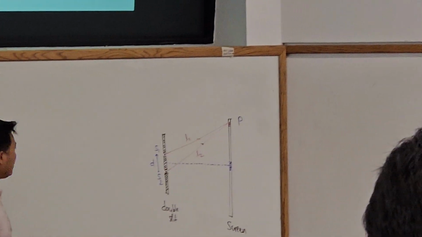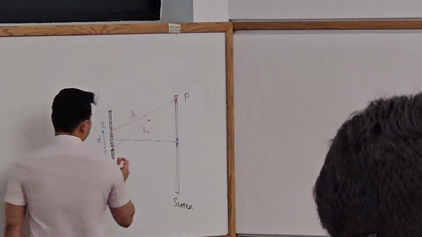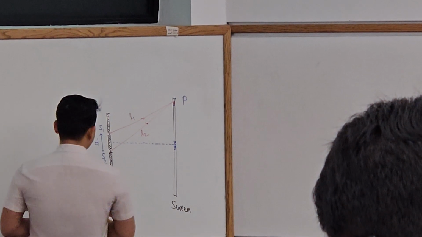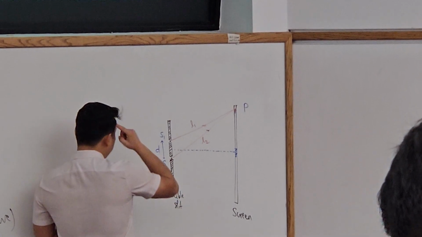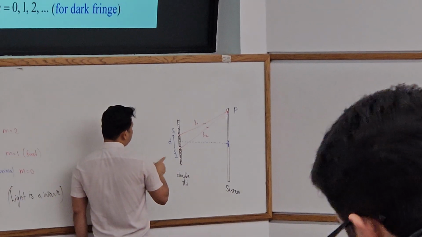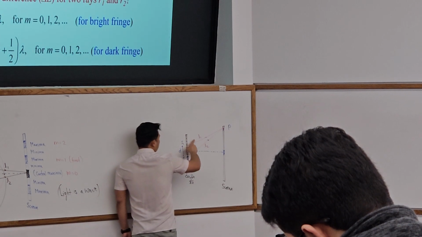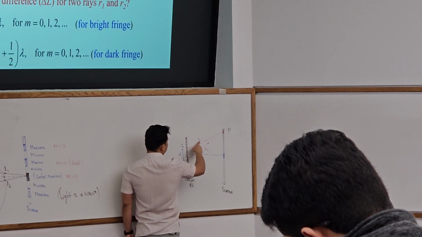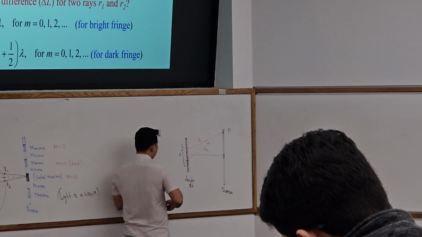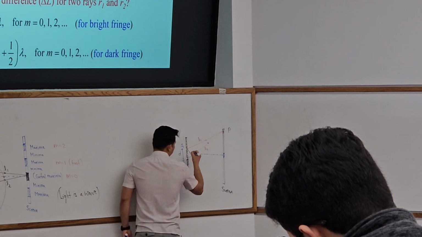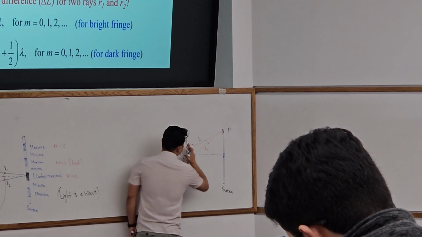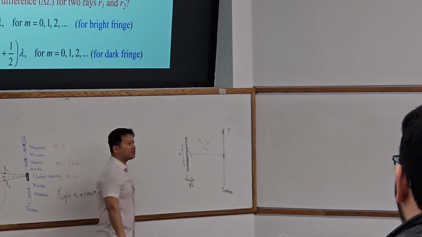If I want to identify whether this point is a maximum, the best way is to explain the path difference. You can see that source 1 travels a smaller distance compared to source 2 to meet this point P. To find the path difference, do a simple geometric construction: just draw the perpendicular. Any point after this, they travel the same distance.